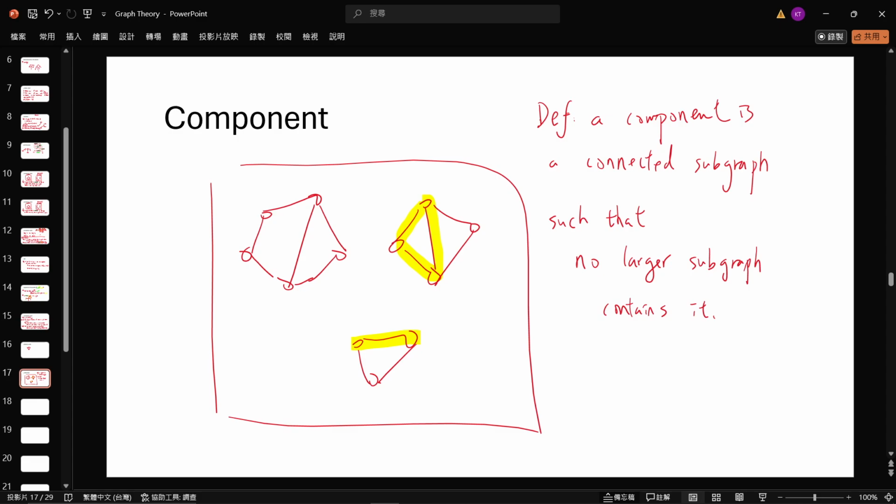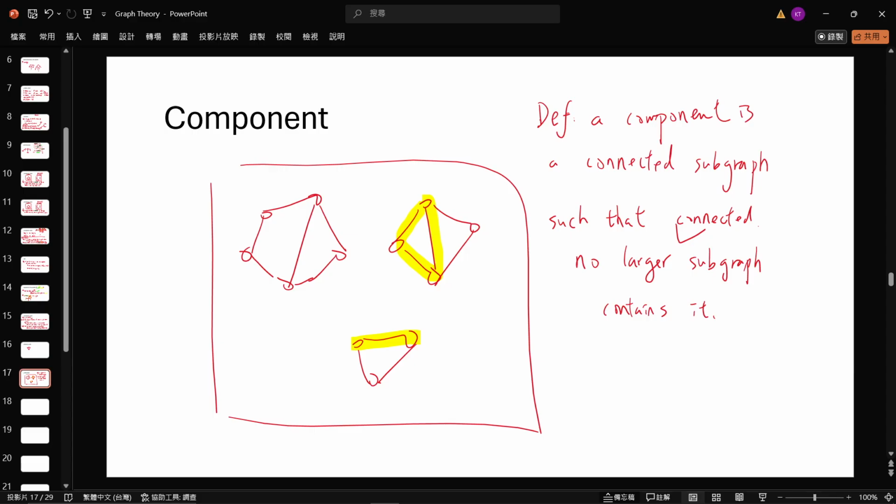But for this triangle, we indeed can find a larger connected subgraph that contains this triangle. So this one is not a component. But for this one, this is a component because there's no larger connected subgraph that contains this one. So this is a component.